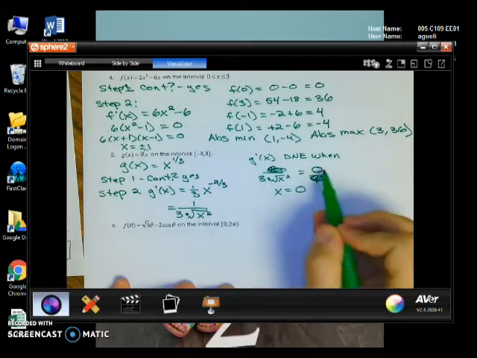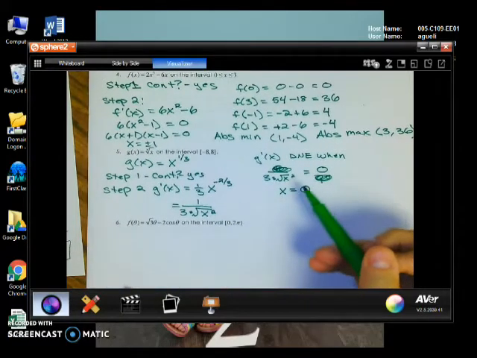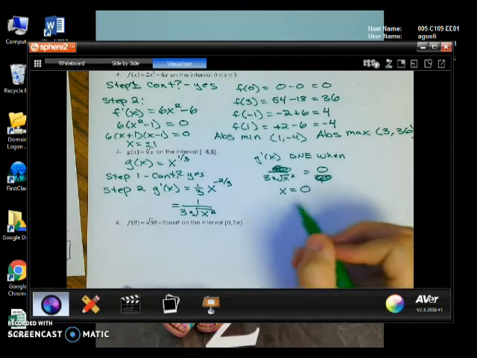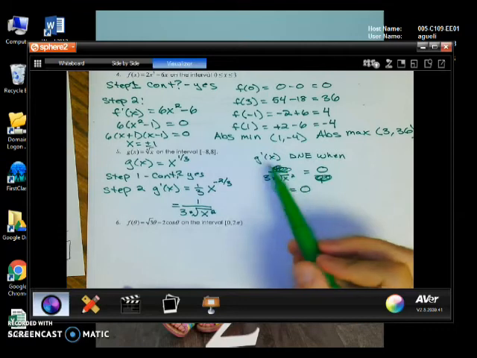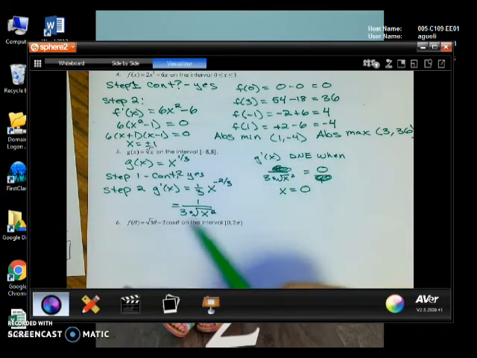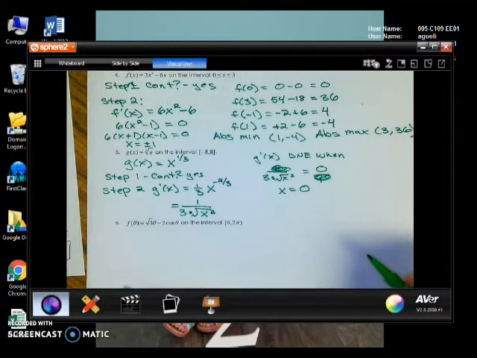It's just where this equals 0, so then you divide both sides by 3, and then you could square both sides and then take the cube root, or cube both sides and then take the square. Either way, though, it's going to be 0. So the derivative does not exist when the denominator is 0. I accidentally carried that 1 over, but I shouldn't have. Sorry about that. Okay, so that is our critical value.